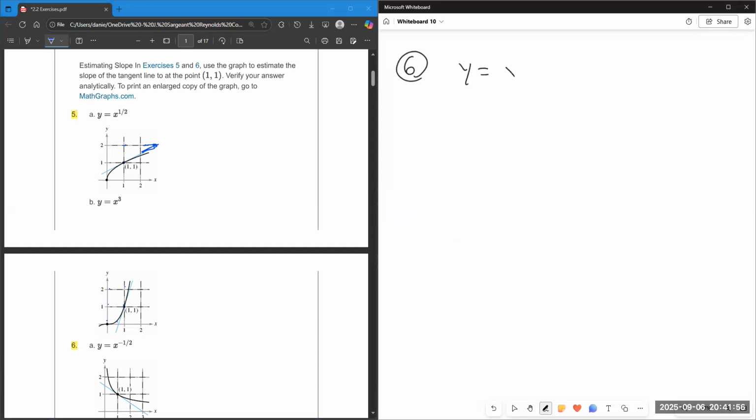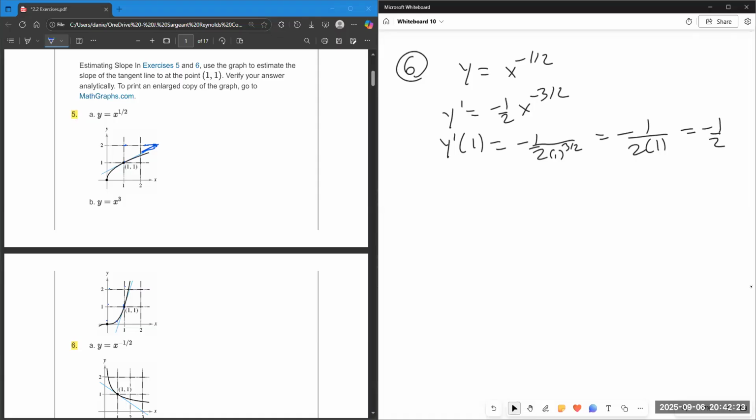So y equals x to the negative 1/2, y prime equals negative 1/2 x to the negative 3/2, and we're at the point 1, 1 again. So that's negative 1/2 times 1 to the 3/2, and 1 to the 3/2 is 1.